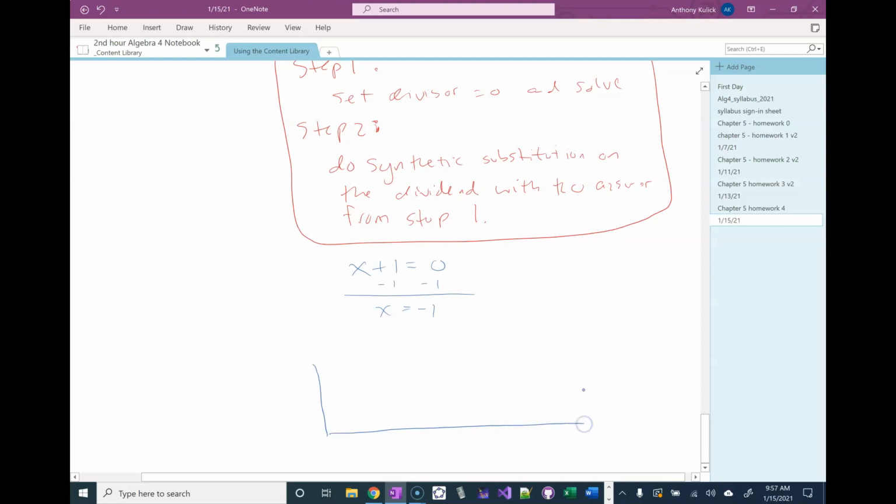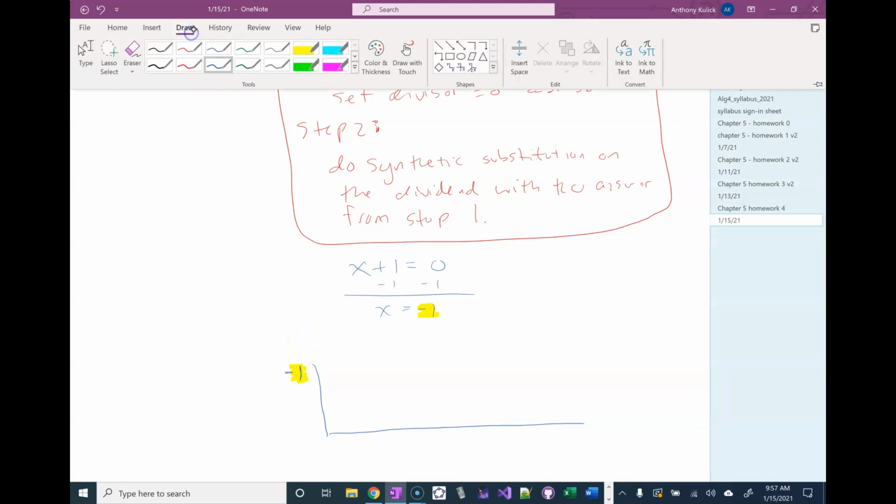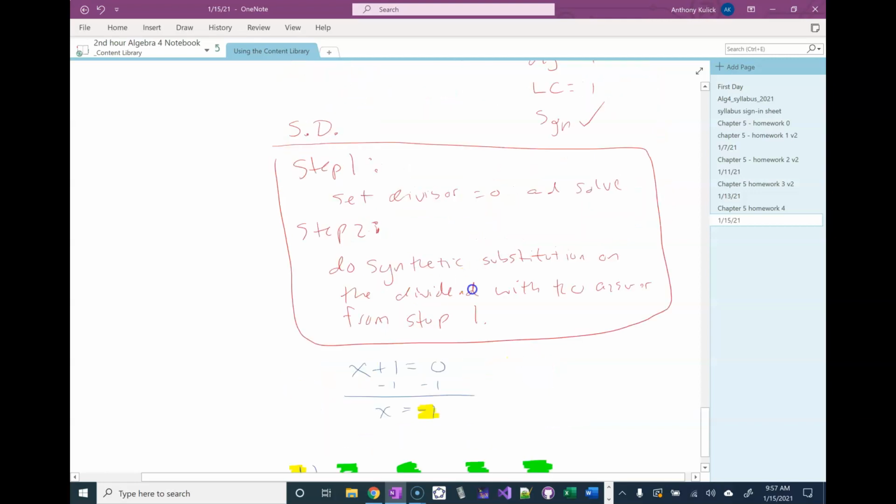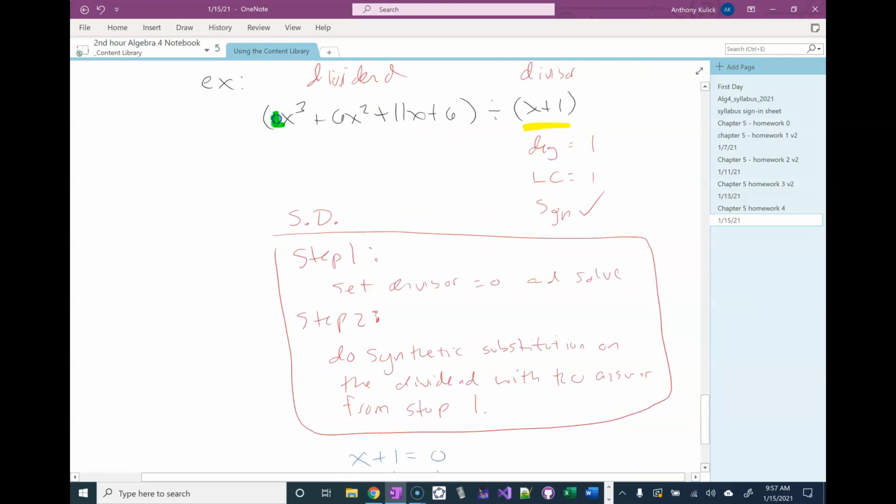So remember, the synthetic division setup kind of looks like this. The number on the outside of our synthetic division problem is going to be the answer to that division problem. And the numbers on the inside of my synthetic division setup are going to be the coefficients from my dividend.